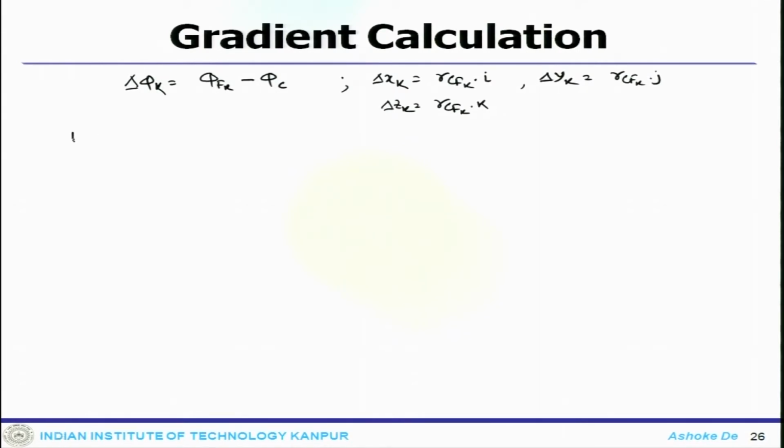Now, the minimization of this function, minimization of G(C), can be obtained by enforcing some condition.